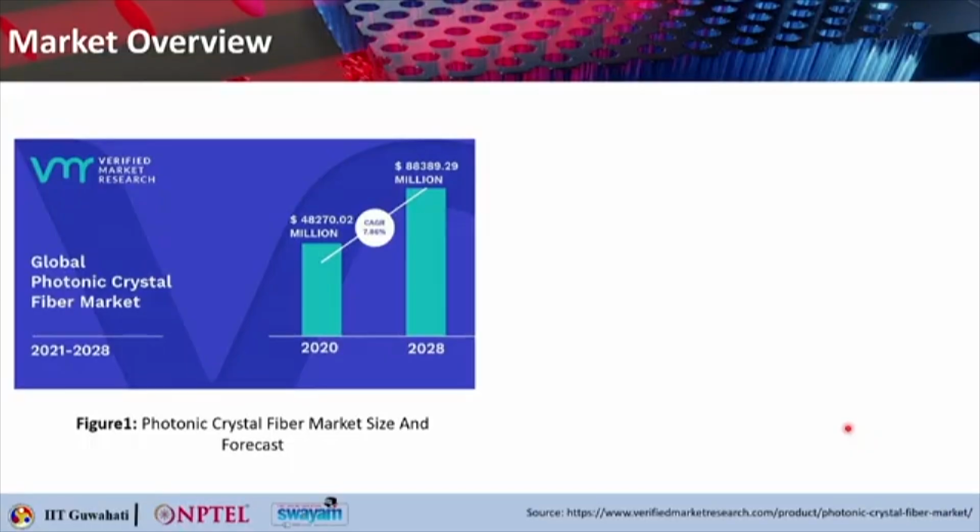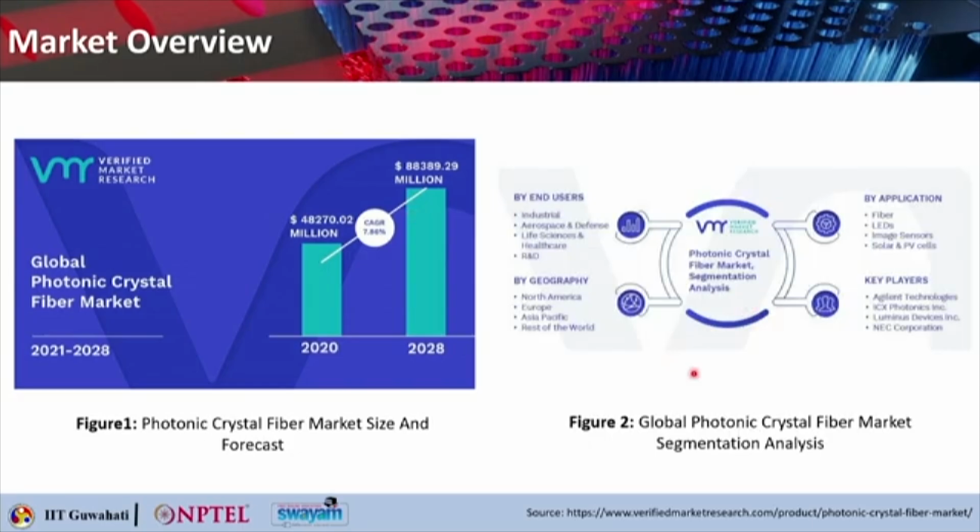As you can see here, from 2020 to 2028 a growth rate of 7.86% is estimated. If you look into the segmentation analysis of the global photonic crystal fiber market, you can see that the end users are industrial, aerospace and defense, life sciences and healthcare, and R&D, and mainly it has been used in North America, Europe, Asia Pacific and rest of world.